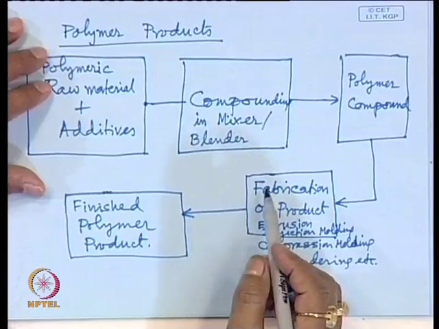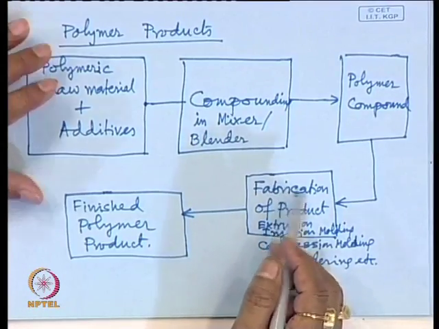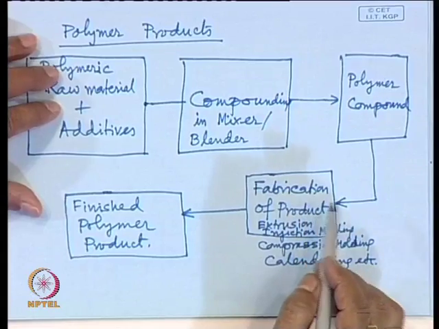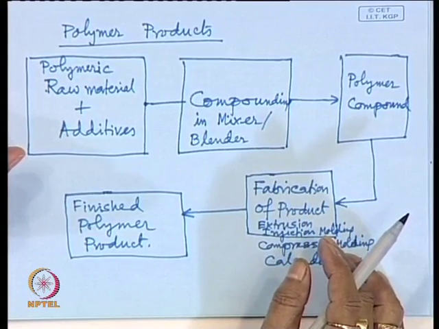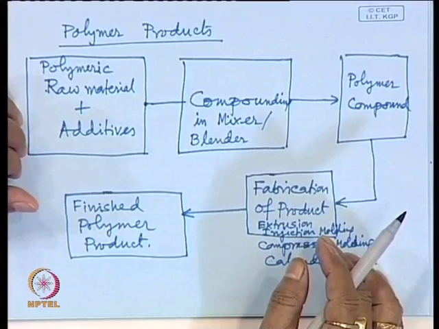Now, before going to produce this final or finished product and discussing these fabrications of these products, we have to first see what are the functional additives used in polymer to make what products. Okay.